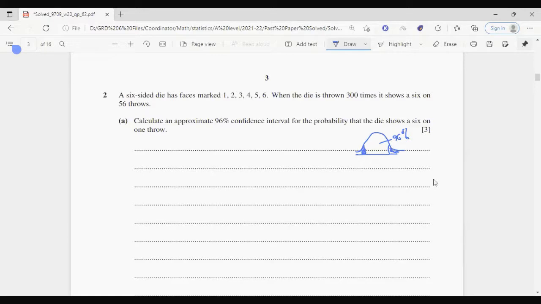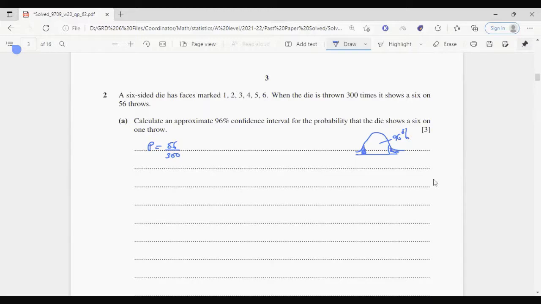Now we have been given a proportion which shows that 56 times we get a 6 in 300 throws. So that's a proportion. And we move on to find out the z value of this 96%.